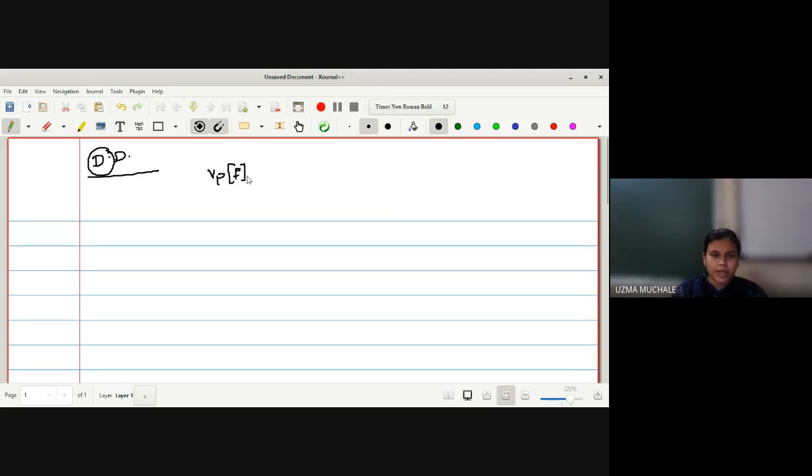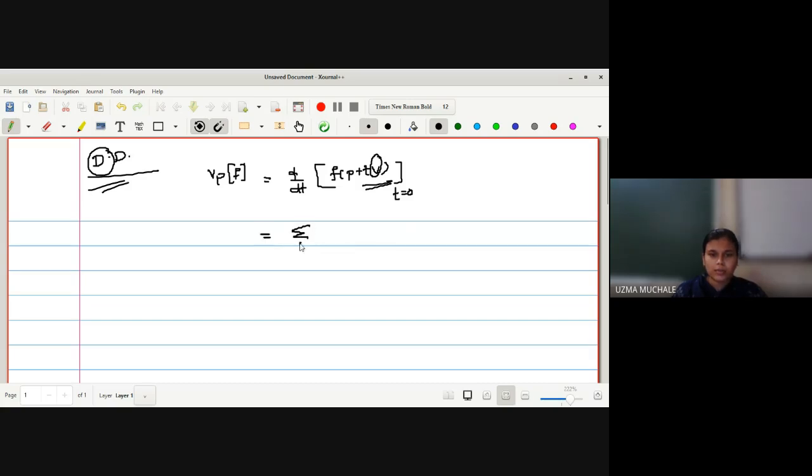The square bracket indicates the directional derivative of a function f at a point P in the direction of v, given by the initial rate of change at t equal to 0. We evaluate d/dt of f(p + tv). This vector v ensures that you are finding the rate of change in an arbitrary direction.